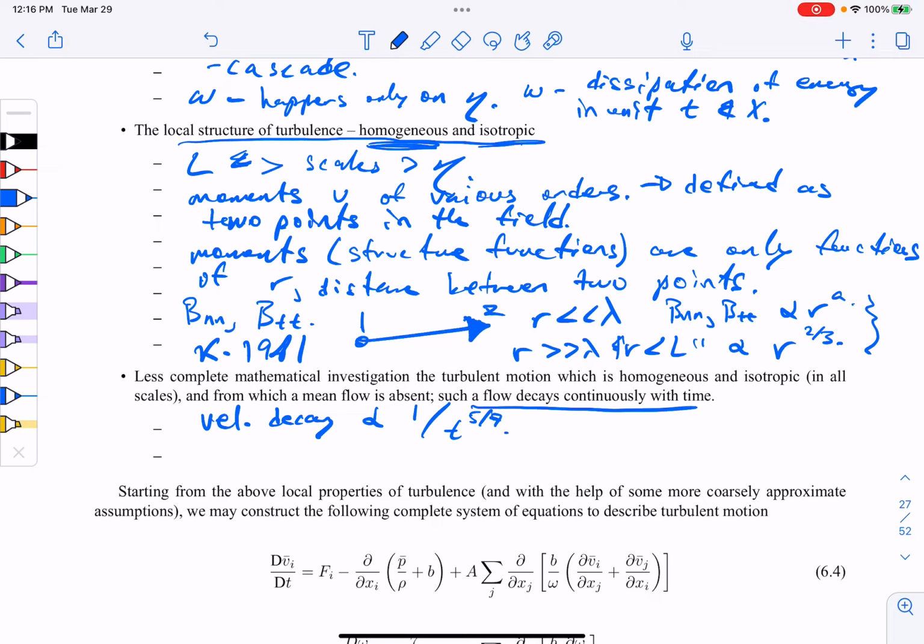And the second major thing is we see that L grows as the flow convects as time to the 2/7. Excuse me, it's proportional to time to the 2/7. So the integral scale goes as time to the 2/7, velocity decays as 1 over time to the 5/7. So this was all published by a group in the Soviet Union that still exists today in Russia called TsAGI.